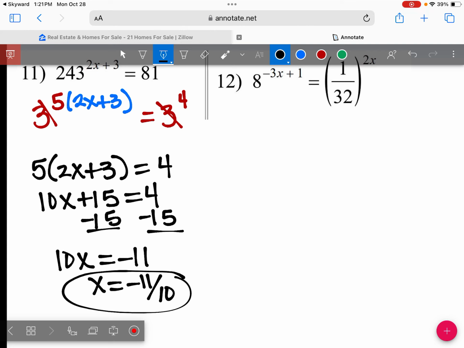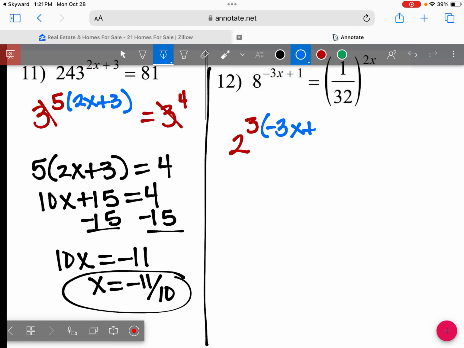Number 12, what's the base? 2. 2 to the what power is 8? 3. And now we have a negative power. So we got 1 over 32, so that means it's 2 to the power of negative what? 5.